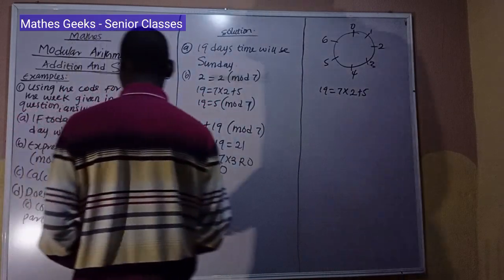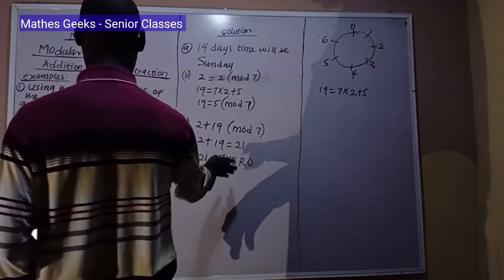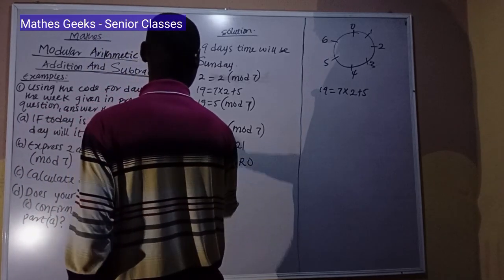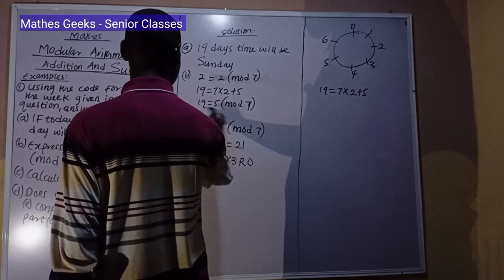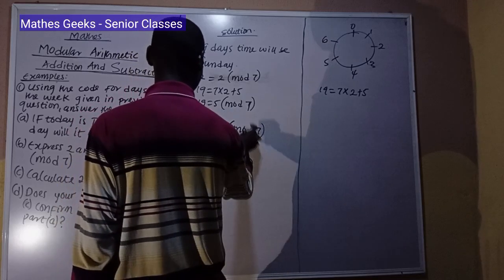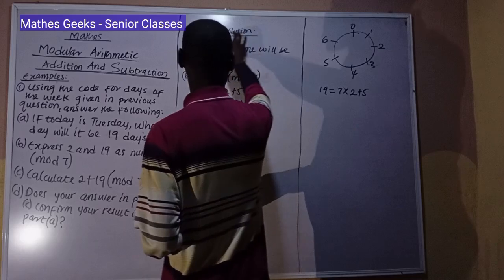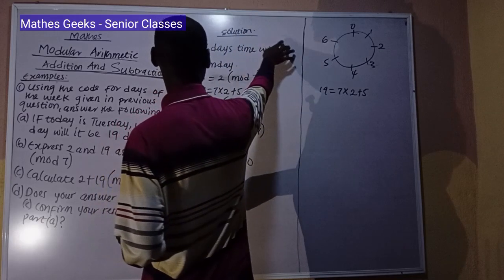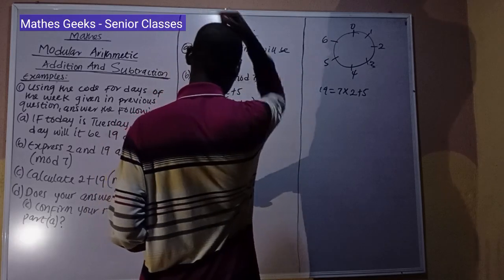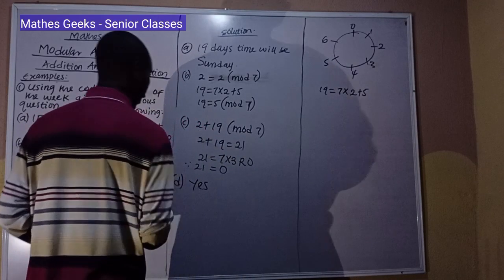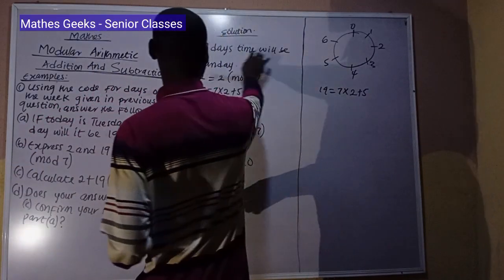D. Does your answer in part C confirm your result in part A? Part C, 2 plus 19, when you solve it in mod 7, you get the same thing as when you solve it in statement form. So the answer is yes. How? In 19 days' time will be Sunday.